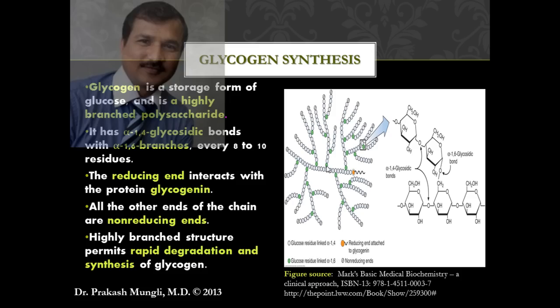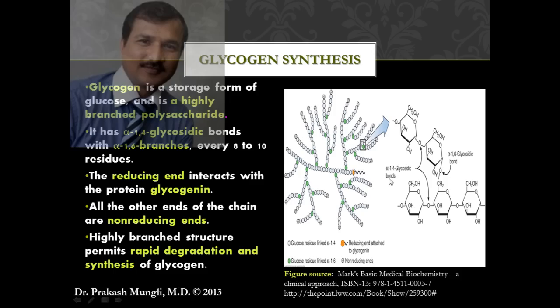Another point that you need to remember is that the glucose residues present at the ends of all these branches are referred to as non-reducing ends. Glycogen has only one reducing end, and that interacts with the glycogenin protein molecule. The line that you are seeing here is the glycogenin, which is a protein molecule.